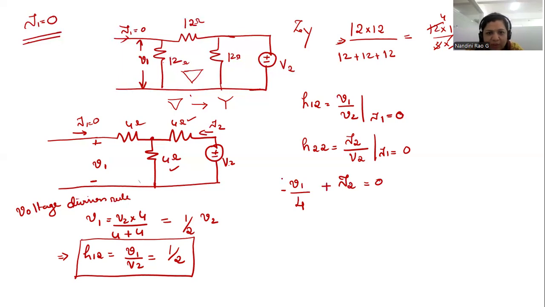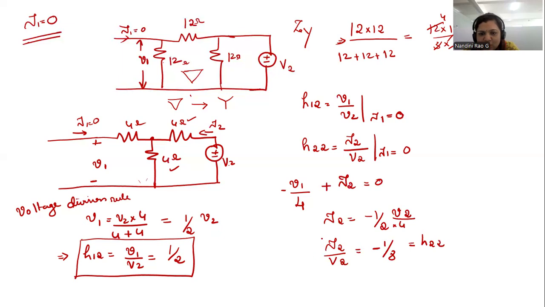So I2 is equal to V1, but V1 I will replace by minus half V2. So there is a 4 already, so by 4 I have. So I2 by V2 will be minus 1 by 8. This is nothing but H22.